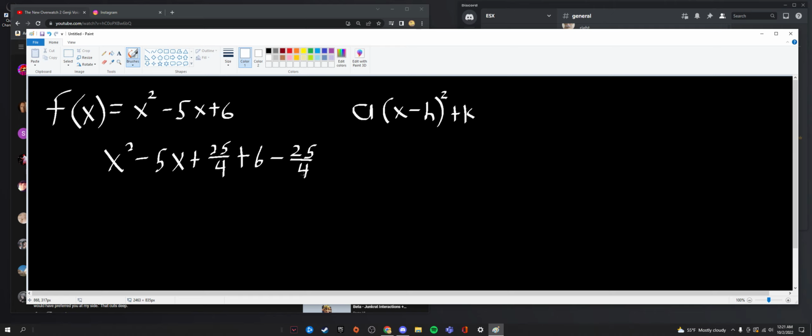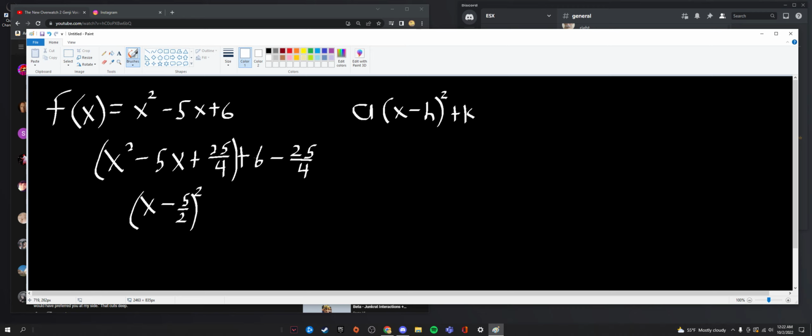Okay, now what does this do? Now you don't want to cancel these terms out because you'll just be back at square one, but as implied by the name, completing the square, this makes, at the very least, this portion of the quadratic a perfect square. So now we can factor it out properly. We get (x minus 5 over 2) squared.